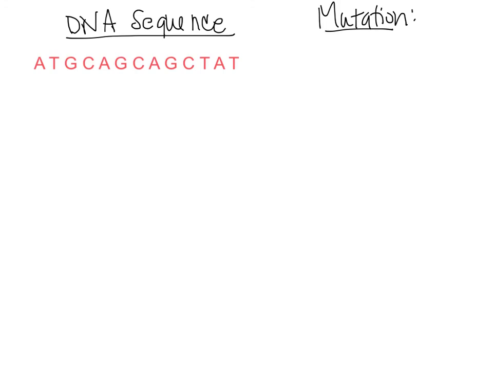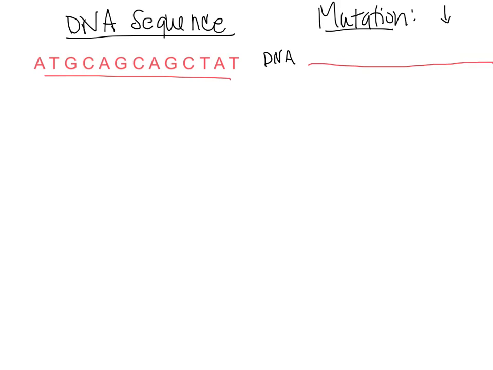And what I want you to do is take this original sequence, and this is going to be your DNA. So then over here, below my mutation part, you're going to do out what is the mutated strand. How is it mutated? How is it different from this original strand?